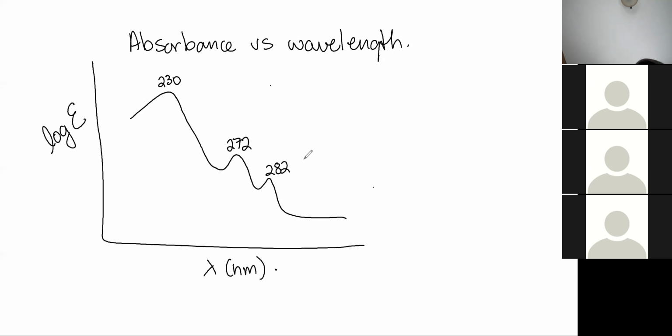So you could have a maximum at say 230, and this log of epsilon would be say 4.2, something like that. And so that's basically what it looks like.